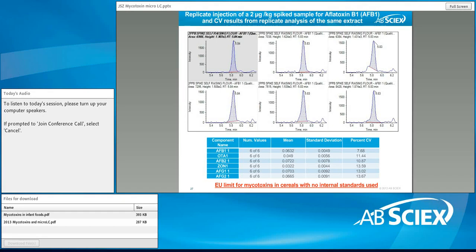In this case, it is 0.05 microgram per kilogram with the percent CV and the standard deviation. So all of what we see here meets European regulation.